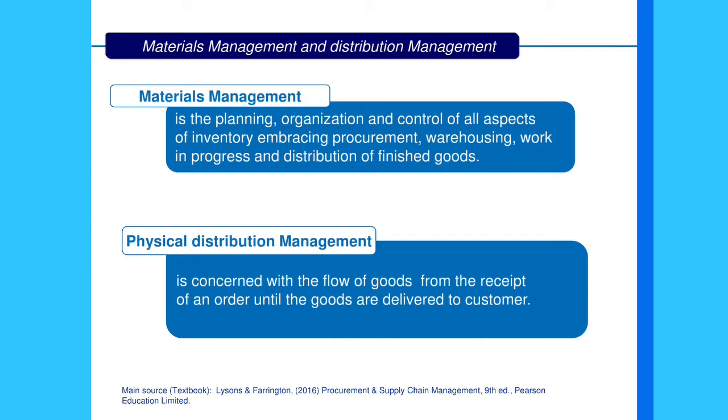Organizations have produced things, they are called finished goods, and then they need to be moved out of the organization to the customers. That part is taken care of by physical distribution management, which is concerned with the flow of goods from the receipt of an order until the goods are delivered to the customer. So it works between marketing and distribution people.